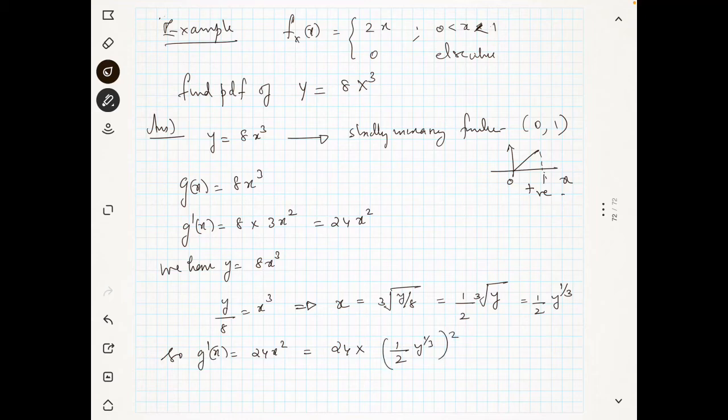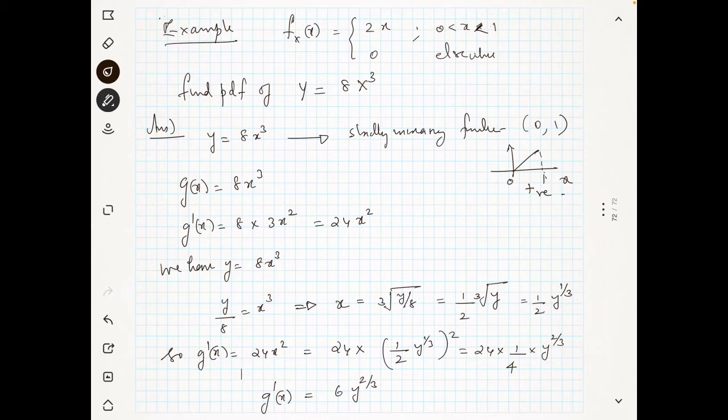So this is 24 into 1 by 4 into y power 2 by 3, which is 24 by 4, that is 6 into y power 2 by 3. So we got our g dash of x.